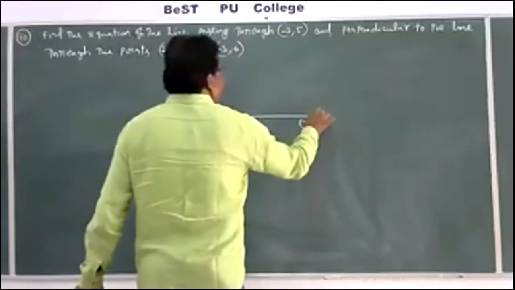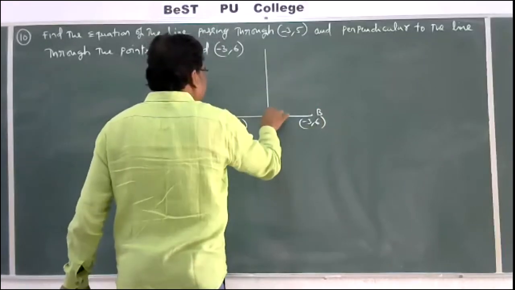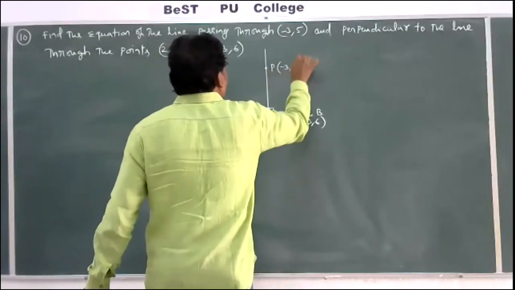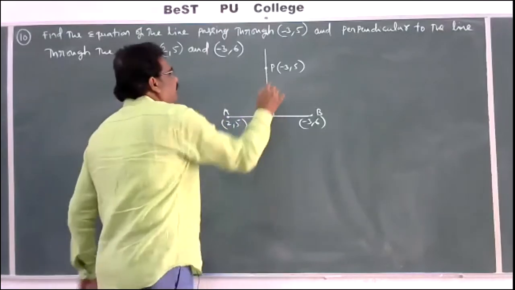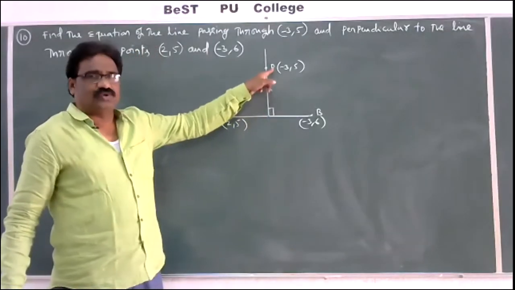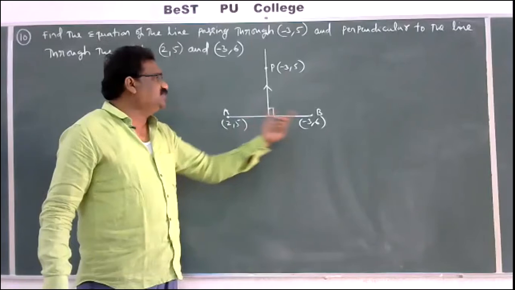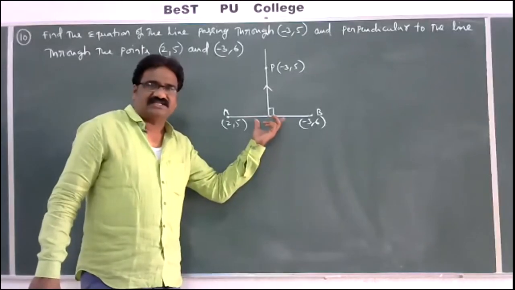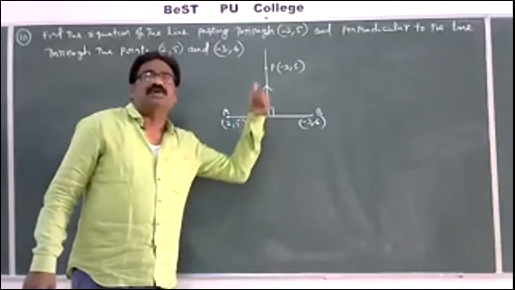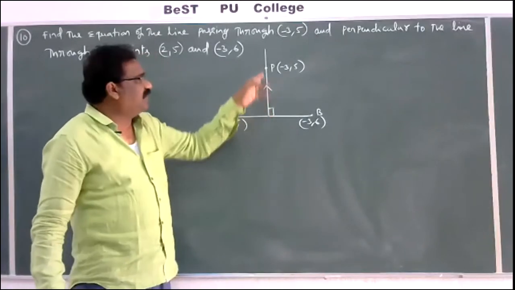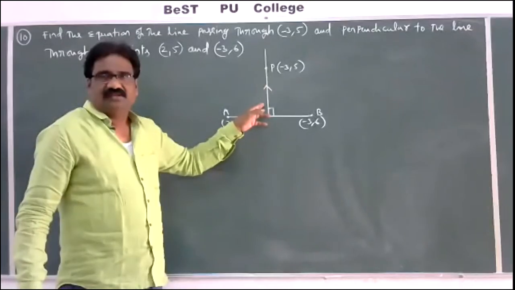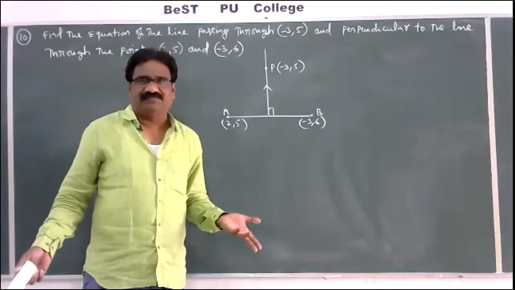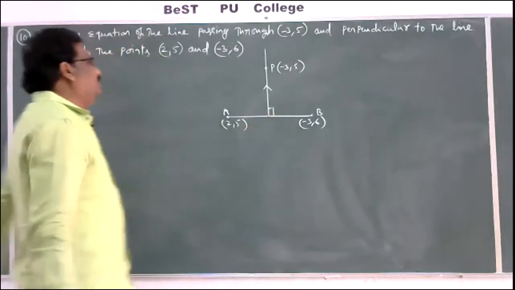This is A and this is B. A line perpendicular to this line and passing through the point P minus 3 comma 5 is the required line. So first you find the slope of AB, then write the perpendicular slope of AB, which is the slope of the required line. Then with the slope and the point, you can use the slope and point form.